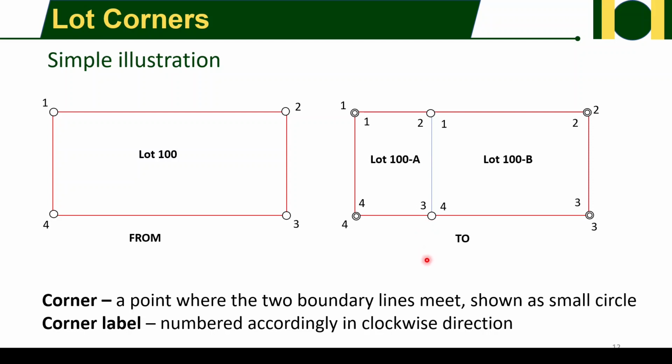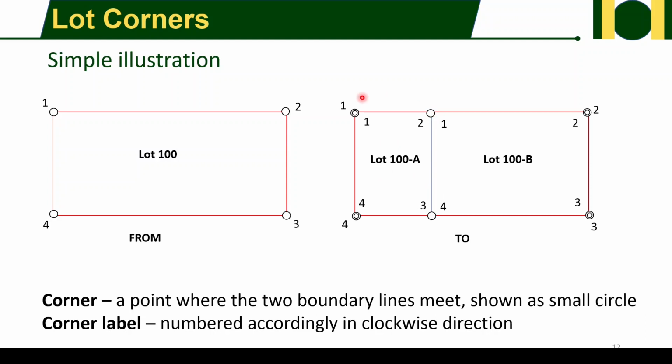Okay, so to show the new corner and the old corner, old corners are represented by a double circle, just as this one. And a new corner will be represented as a single circle.